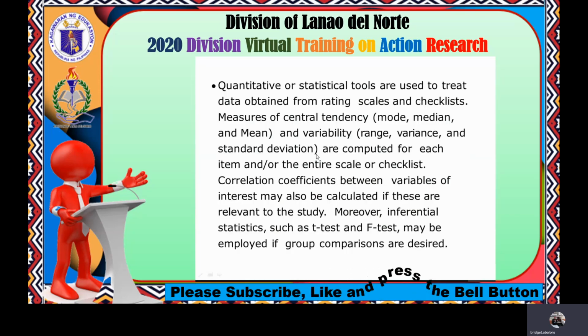Okay, so the anecdotal records, checklist, and other types of tool will use qualitative analysis, and then the rating scales and checklist will be the quantitative data analysis.